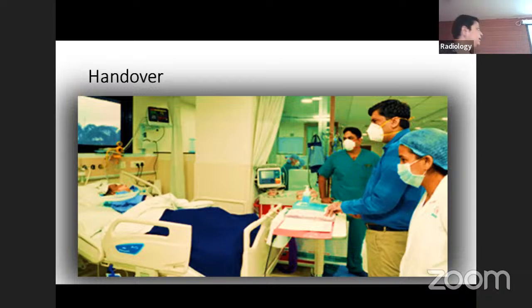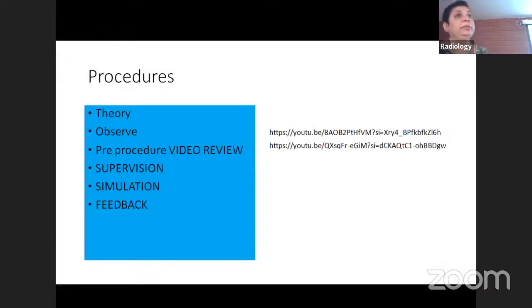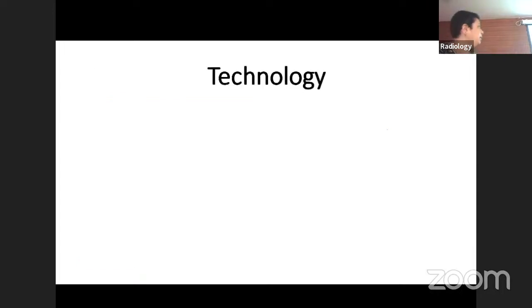So it's important that during the initial few days, especially for new residents, a senior person hands over and the learner actually sees and understands how things are done and can follow, so that there are no major mishaps. Then how to teach or facilitate procedures. First, of course, theory, then observation, then pre-procedure, maybe a video review, then supervision, simulation, and feedback.